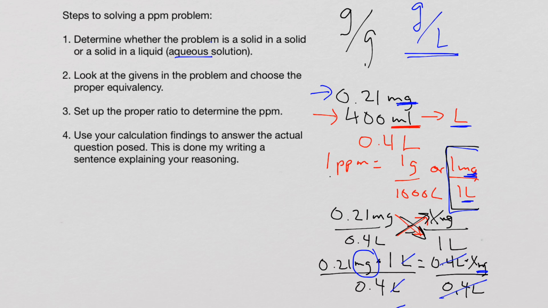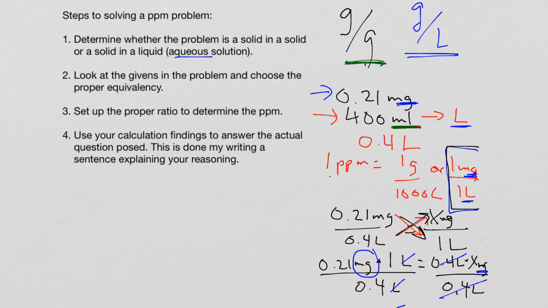If the amount given to me is in grams or kilograms, then I know I'm dealing with a solid in a solid. But if it's given to me in grams or milligrams within liters, then I know that I'm dealing with an aqueous solution. So you see that we've got milliliters here.